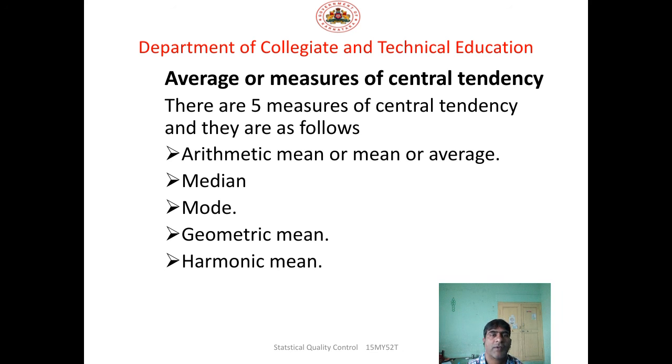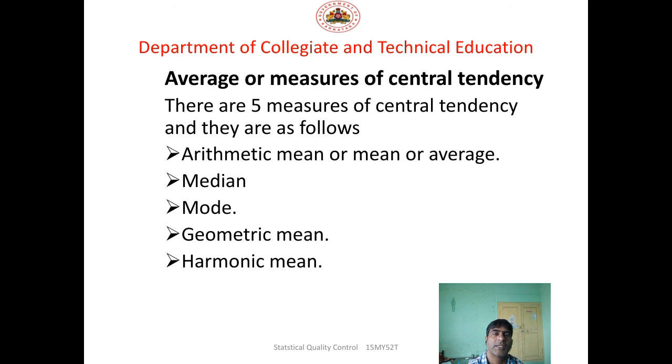First one is arithmetic mean, or we call it only mean or average. All these 3 names have one meaning: mean, arithmetic mean or average. That is the first central tendency.